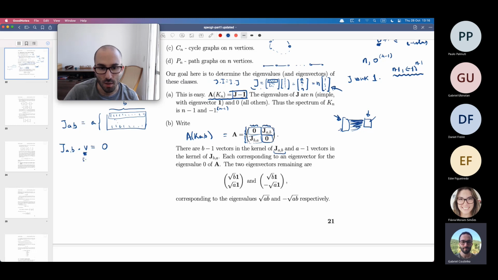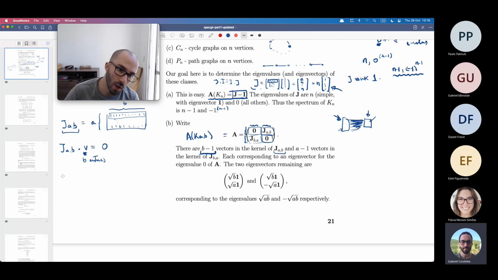This vector has B entries, so there are essentially B minus 1 linearly independent vectors which, if I multiply by this J_AB, I get 0 on the right. And there are A minus 1 vectors, all of them linearly independent.